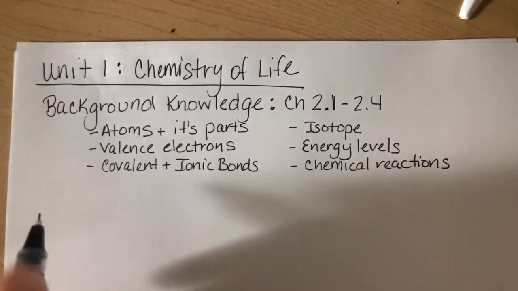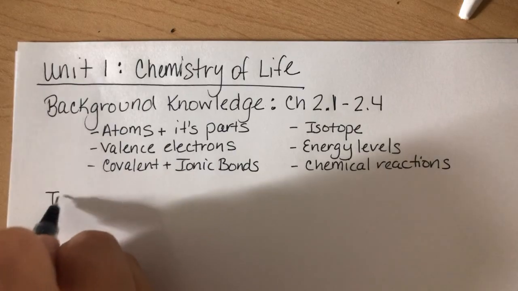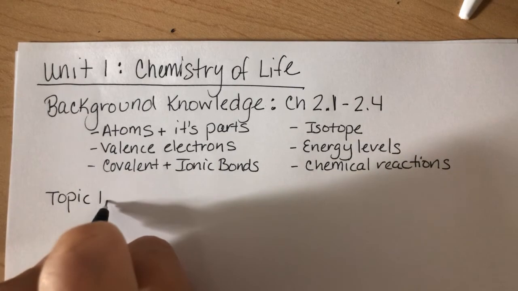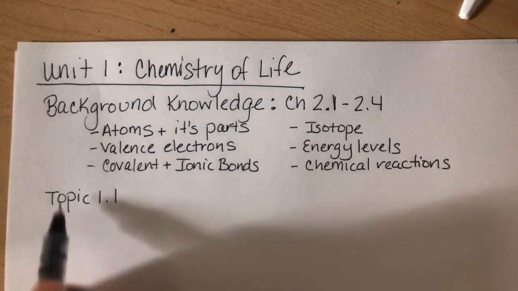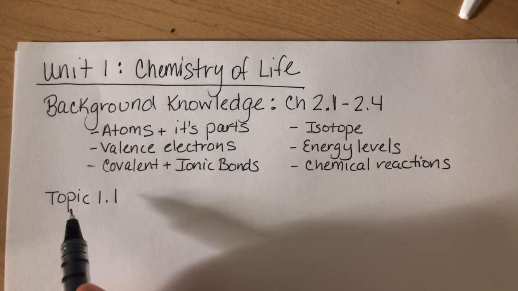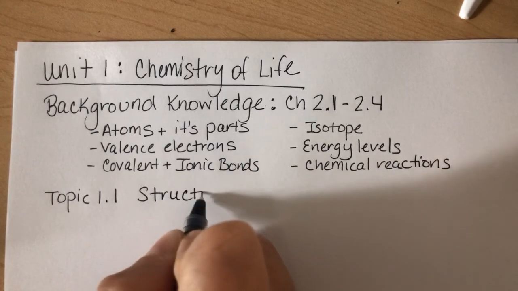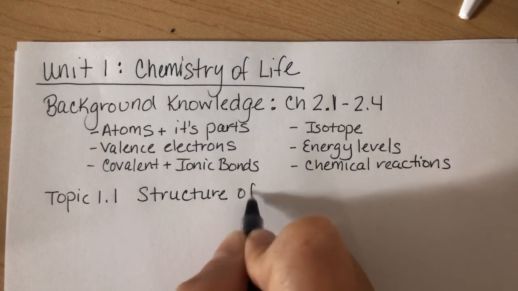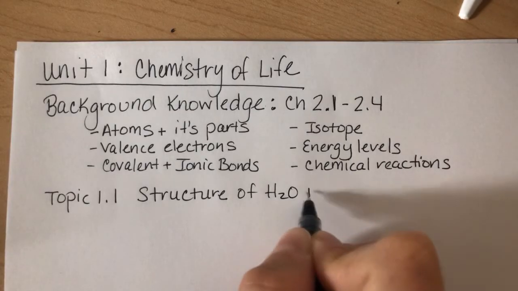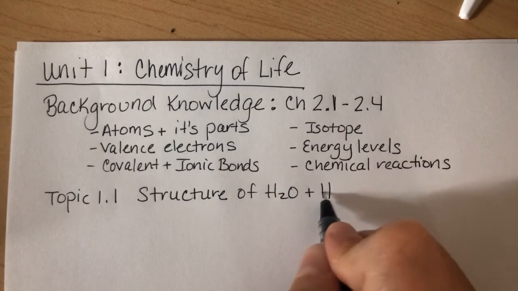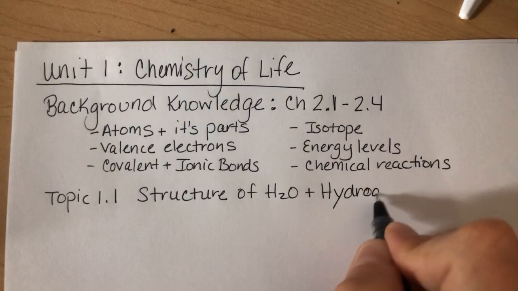So in unit 1, we're going to look at topic 1.1. I'm going to correlate it with the AP guides. So topic 1.1 is the structure of water and hydrogen bonding. That's what it's called.